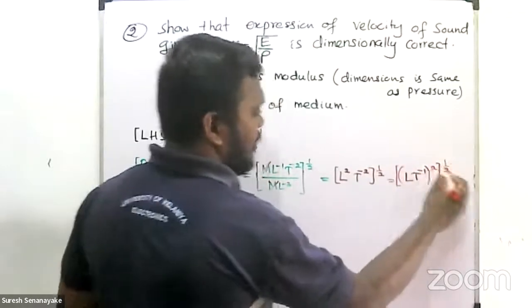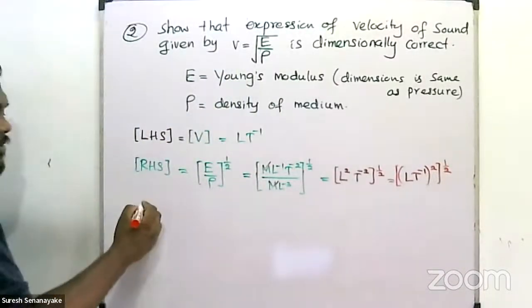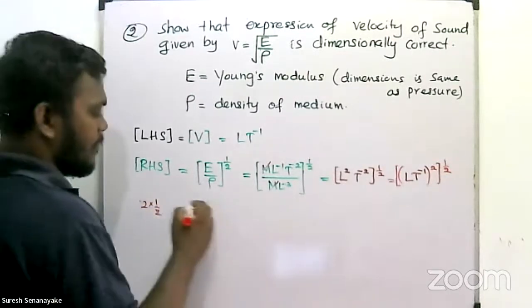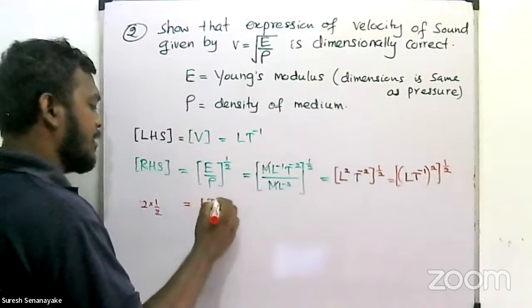The power is multiplied by 2 into half, so it's still 1. Then the dimension on this side remains LT minus 1.